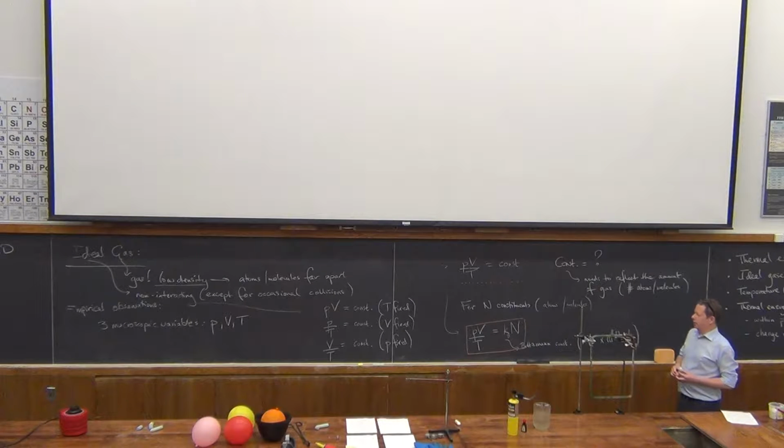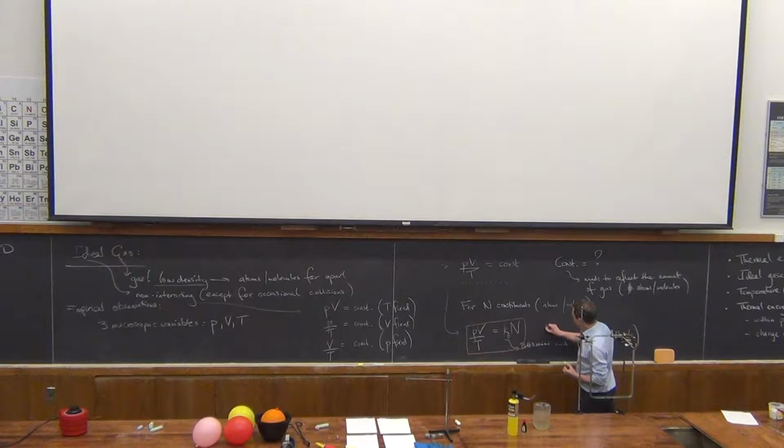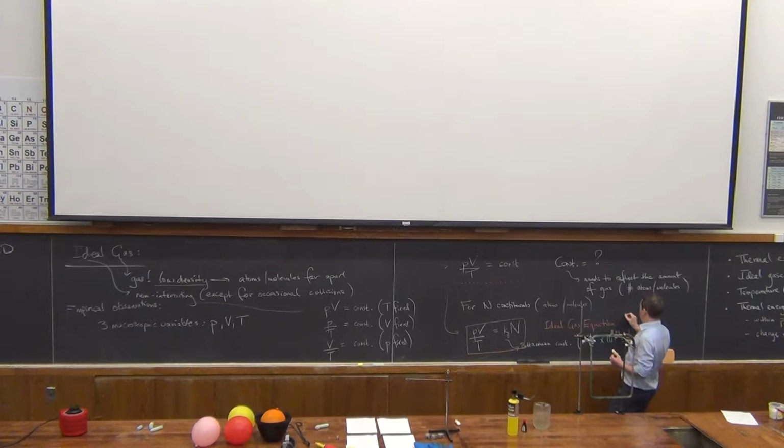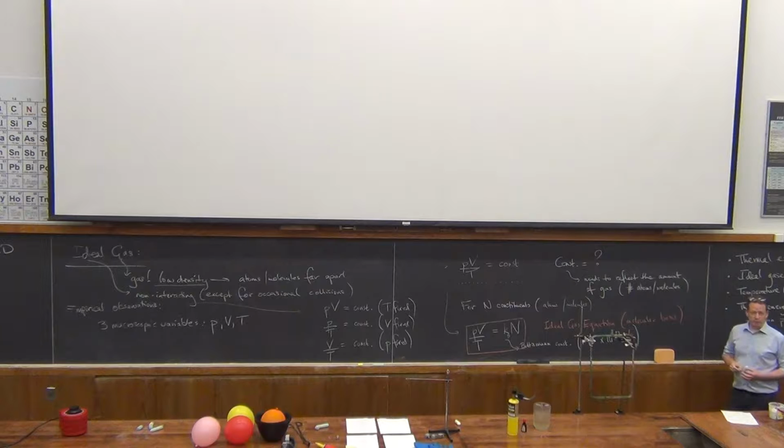So that's fine. We've actually now already got the so-called ideal gas equation. And I'm going to write this on a molecular counting basis, because it's dependent on the number of fundamental constituents, big N, that we have in our gas.